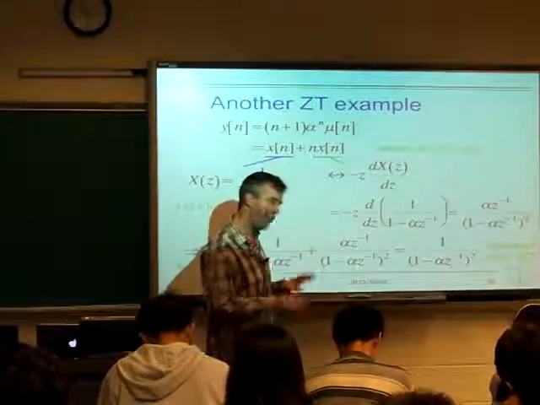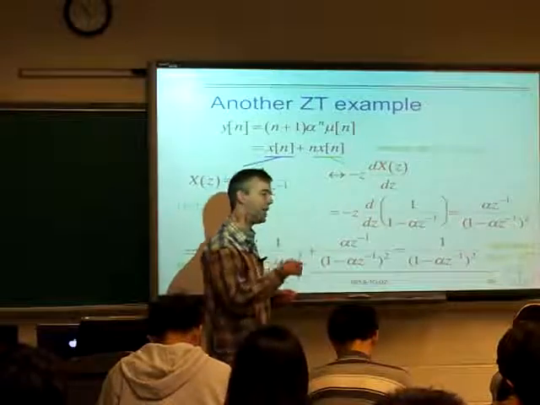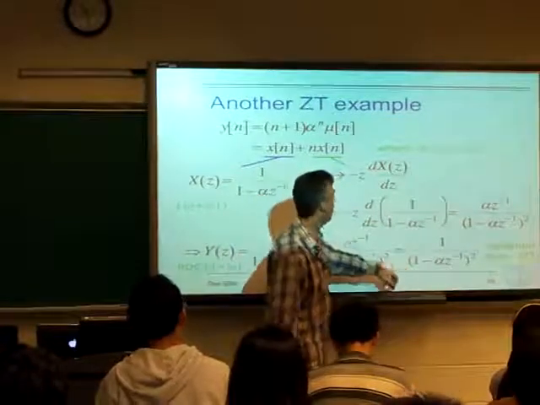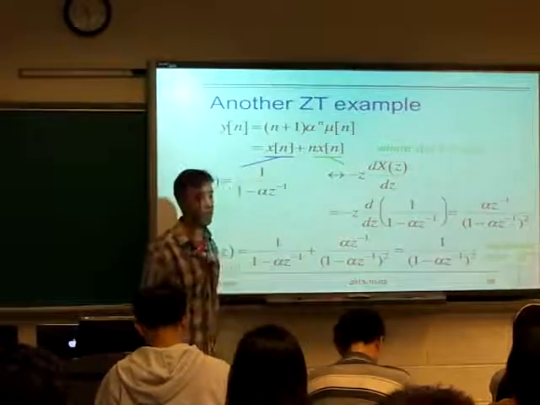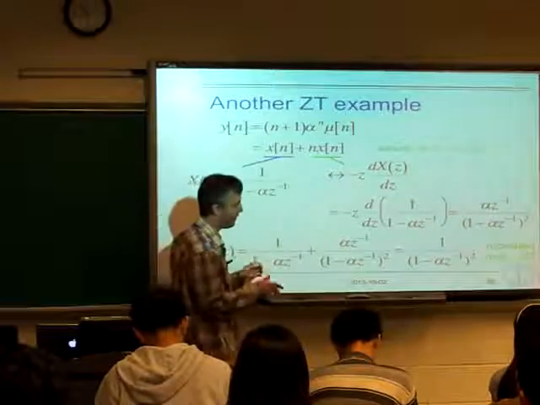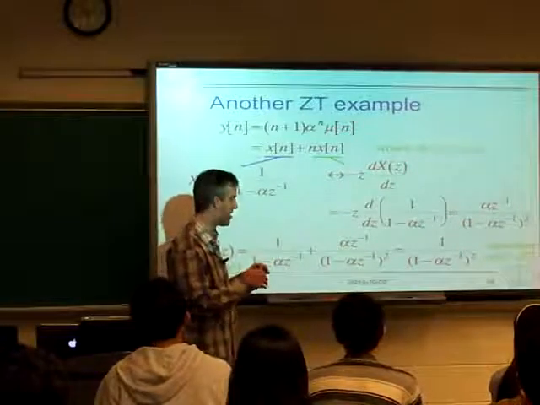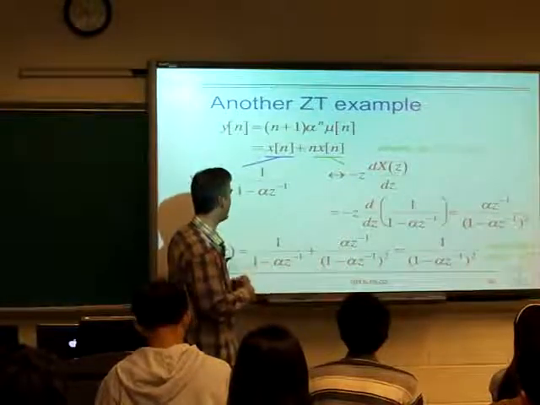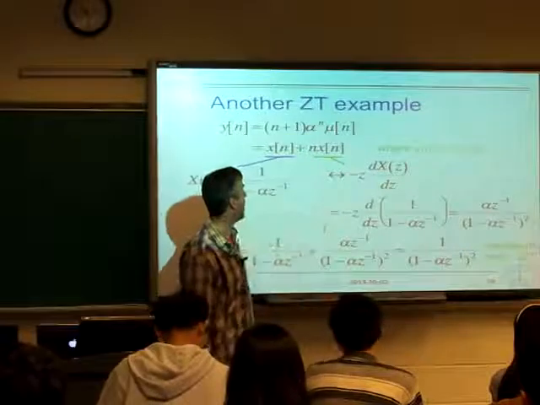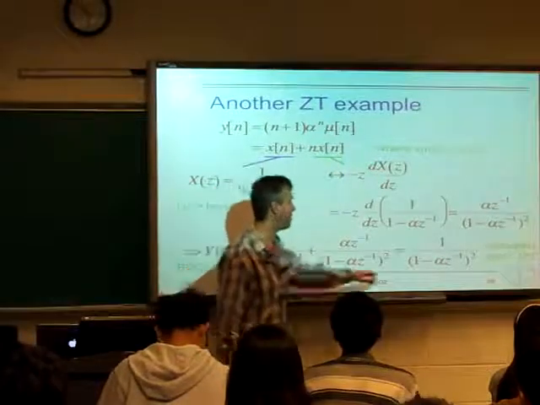So if at some point in the future someone gives us a z transform which includes a repeated root like this, we can now go straight back to what the actual function would be, right? Because otherwise it's like, who knows? We've got this repeated root. Repeated roots are a little bit tricky because they're not just 2 of these. But here's the answer. It's actually n plus 1 alpha to the n mu of n for a repeated root at alpha.